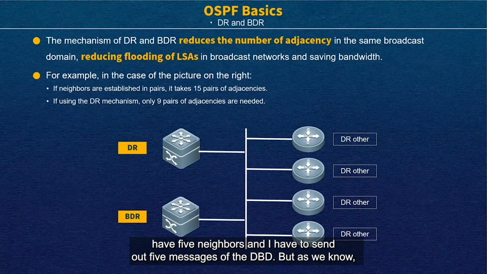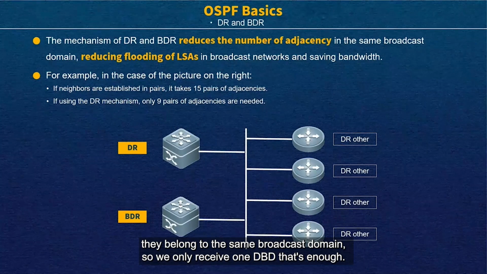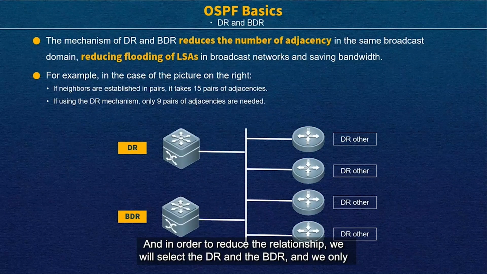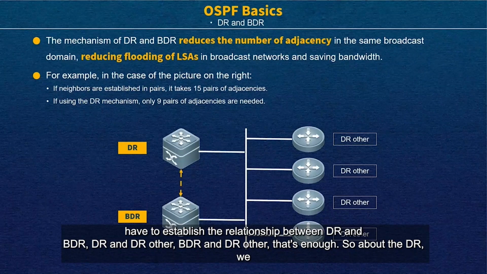But as we know, they belong to the same broadcast domain. So if we only send 1 DBD, that's enough. And in order to reduce the relationships, we will select the DR and BDR. And we only have to establish the relationship with the DR and BDR and DR other.